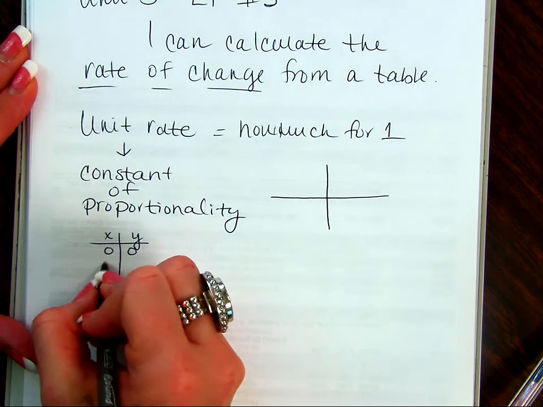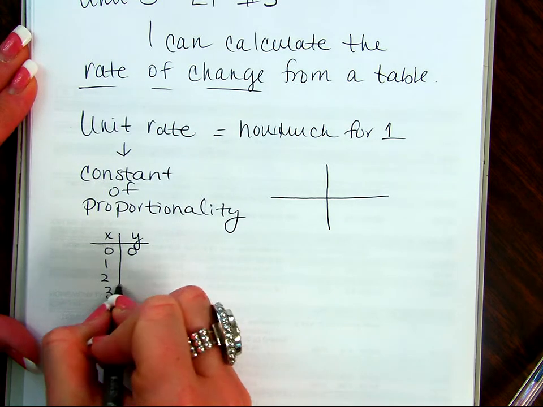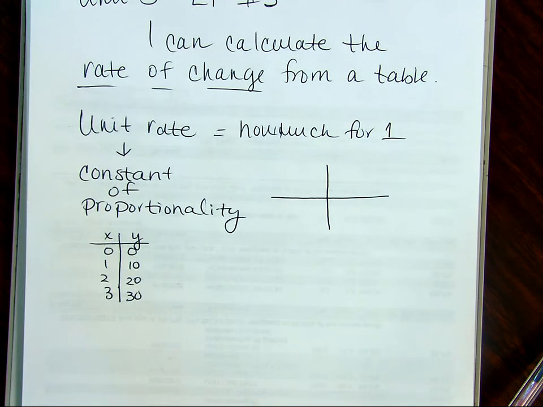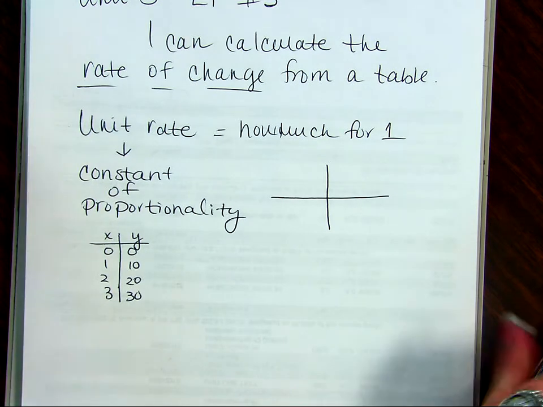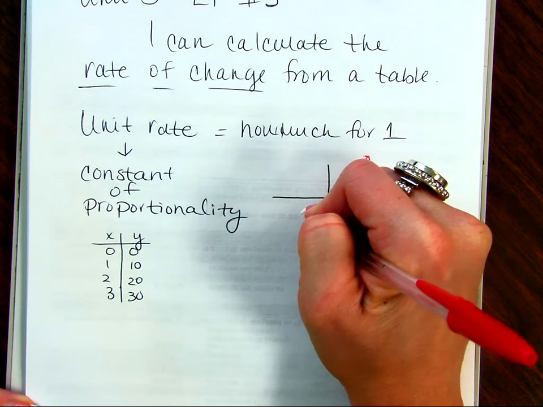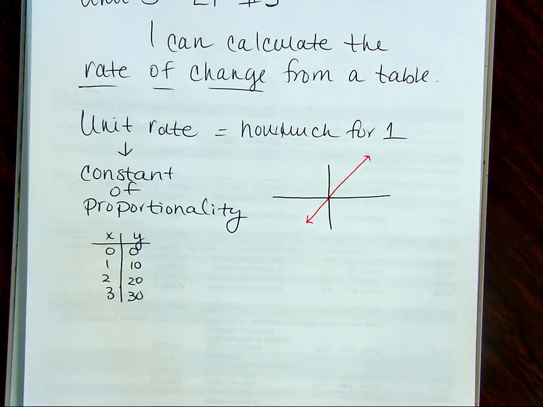It had 0, 0, and then it went up at a constant rate, right? That was constant of proportionality. So it went in a straight line through the origin. But it was still how much for one, right?